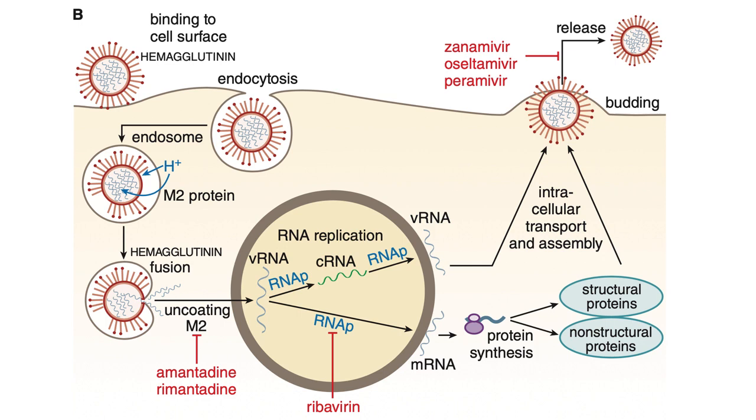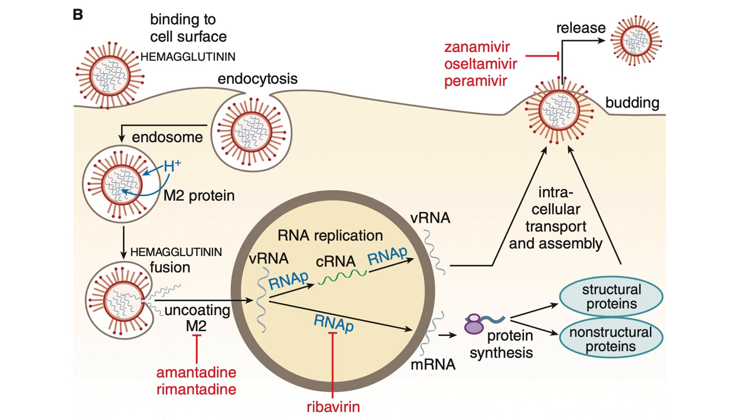Okay, this is quite a bit more complicated, but this is how the RNA viruses commonly replicate. Special in this diagram is the replication of influenza virus. So your influenza virus at its surface contains hemagglutinin.